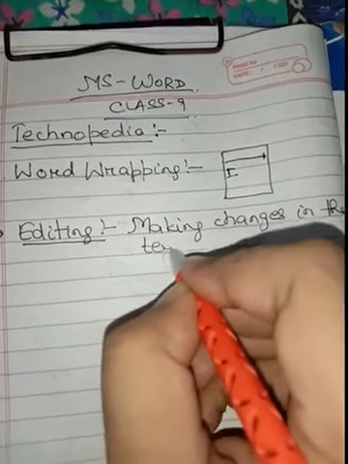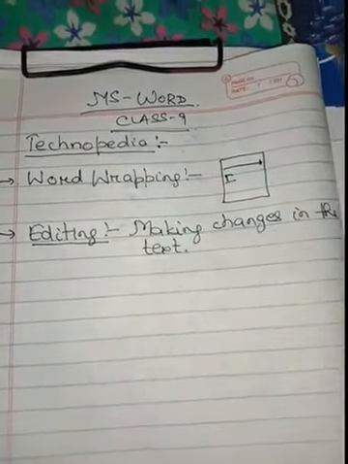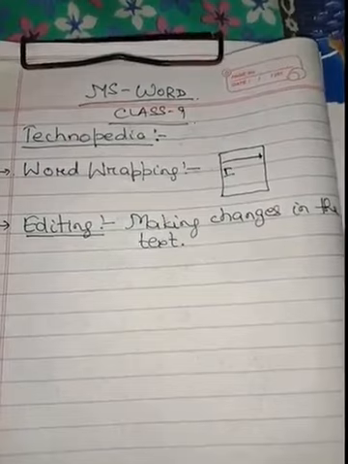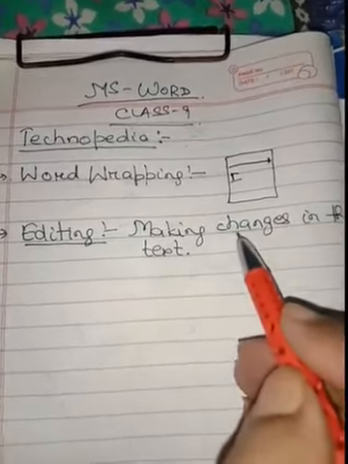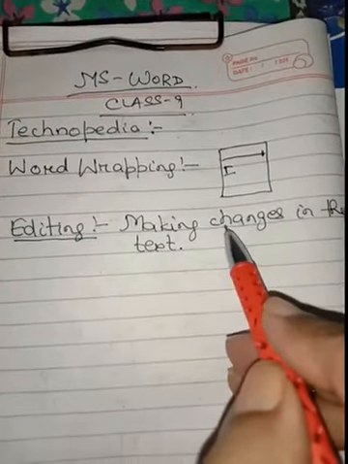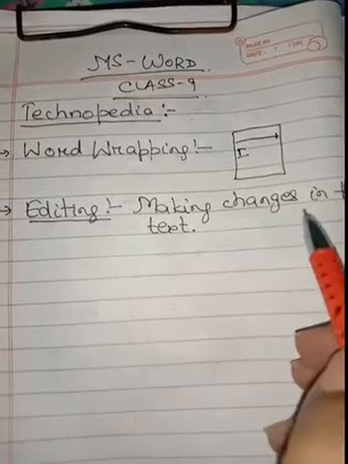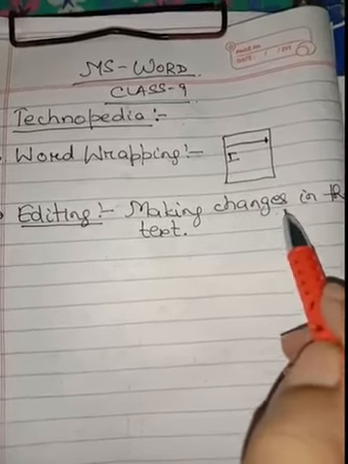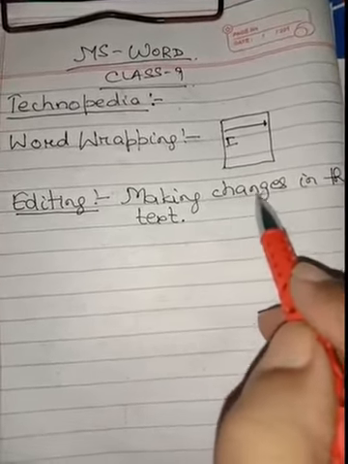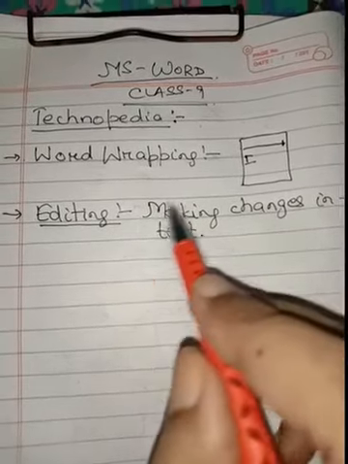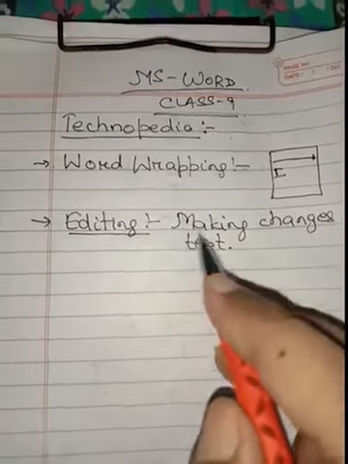Making changes in the text is known as editing. So how do we make change? We can make changes by deleting a word, by deleting a character, by inserting a new word, by inserting a new character on a particular word. All these are known as editing.